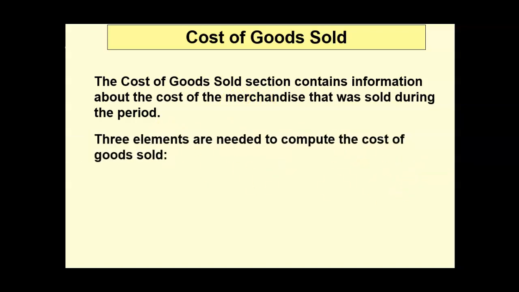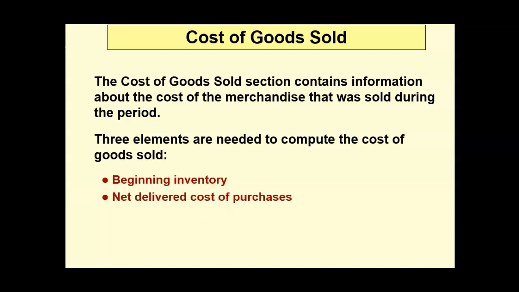There are three elements that make up the cost of goods sold section of the classified income statement. Those elements are beginning inventory, net delivered cost of purchases, and ending inventory.